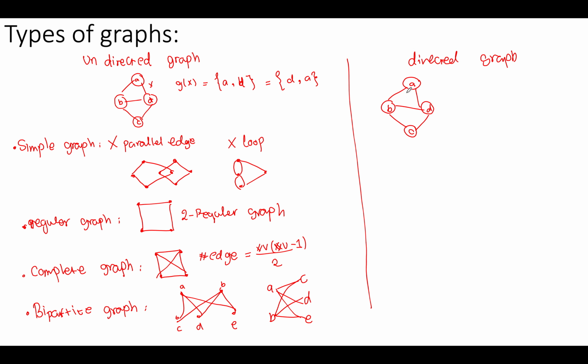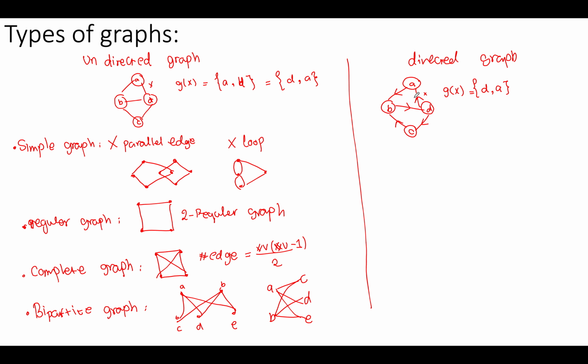So this edge is going out from A to B. And we've got this connection coming out from B to D. Here the edge is going from D to A, and the same goes here. Now, if we are trying to write the incidence function, where we say g of x is equal to, for example, if we call this x, the edge x is actually going from D to A.